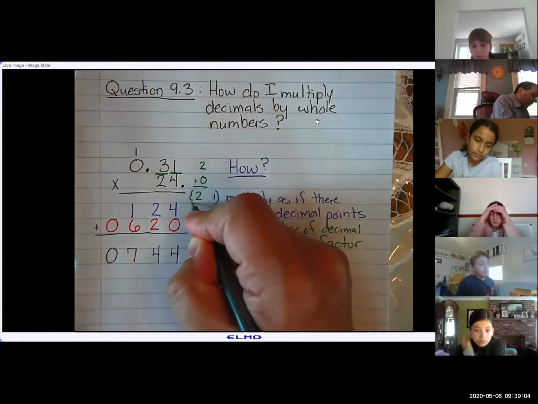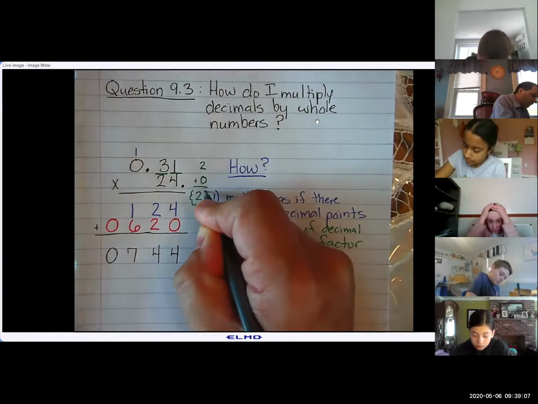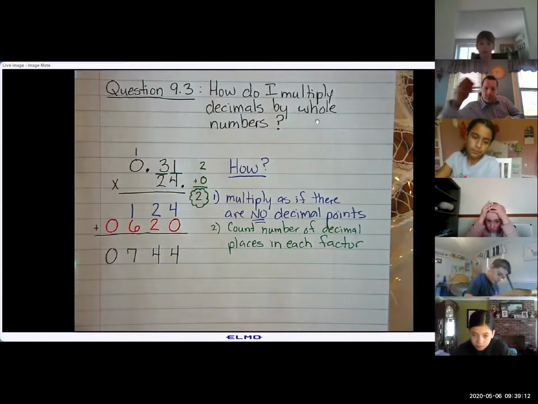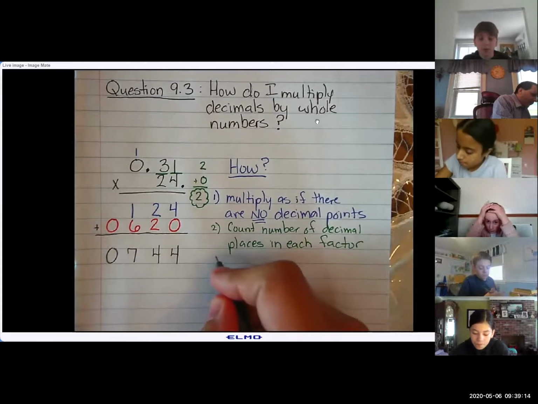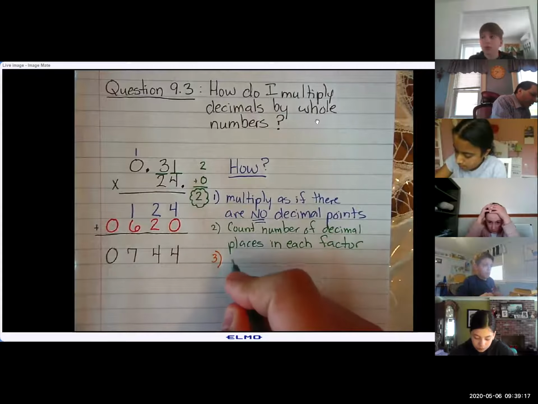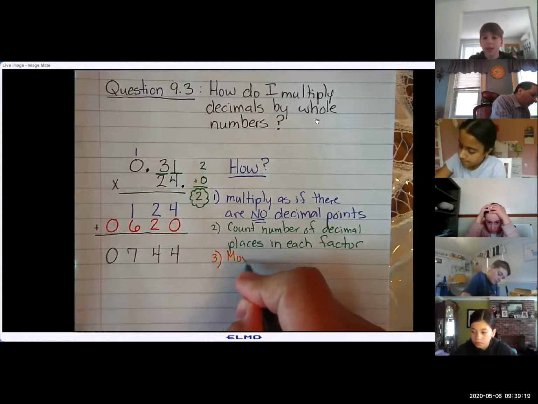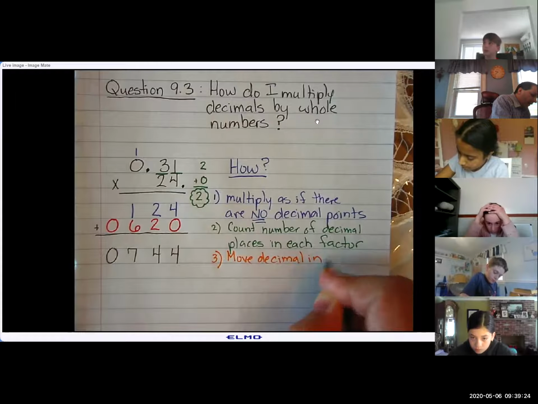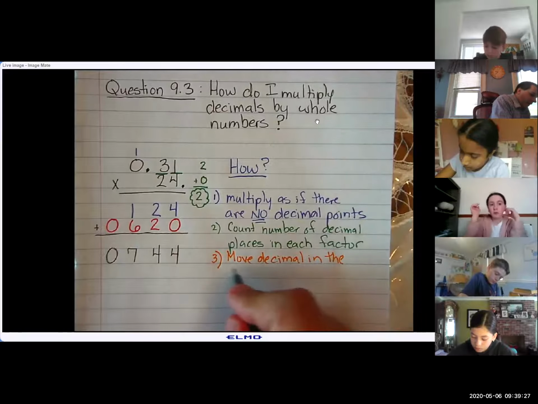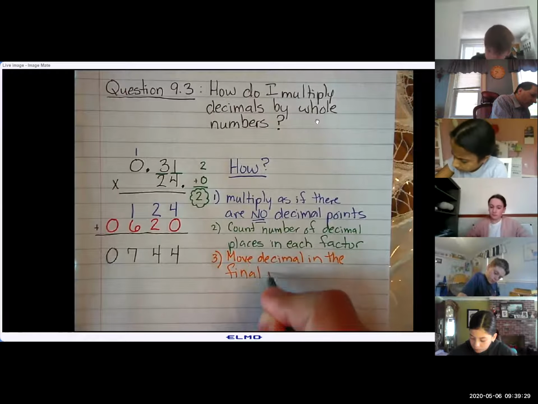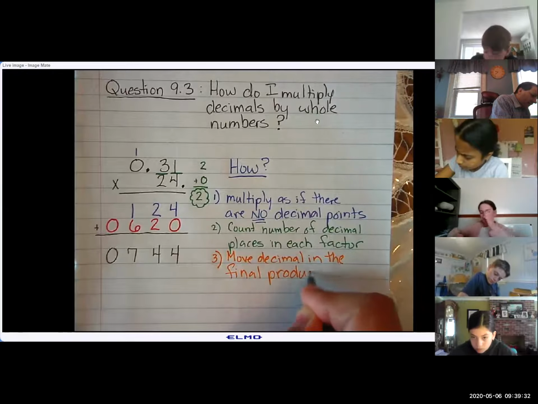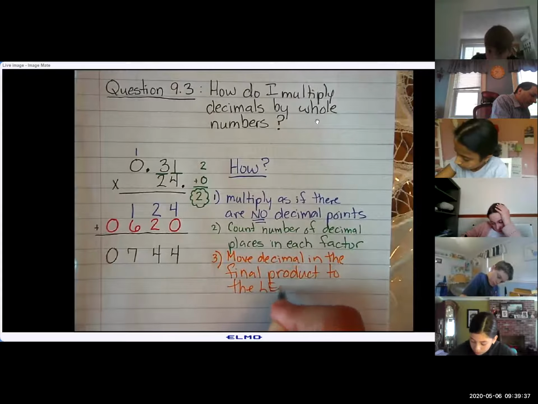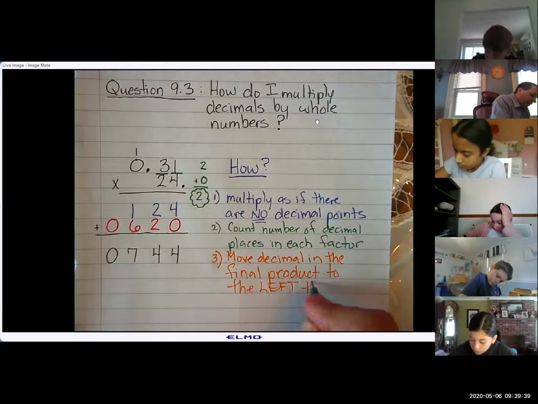This is my magic number for step 3. In step 3, the third step, you move the decimal in the final product to the left that number of spaces.